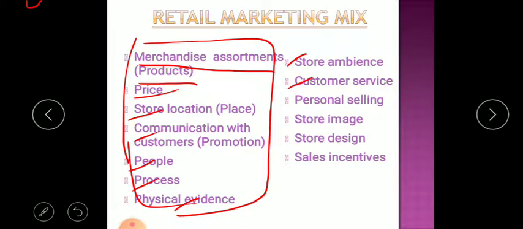Then we have customer service, that is the type of service or the different kinds of service that are given to the customers. For example, home delivery, various payment options, etc. Then comes personal selling. Personal selling refers to the art of selling things to customers when you meet them face to face.